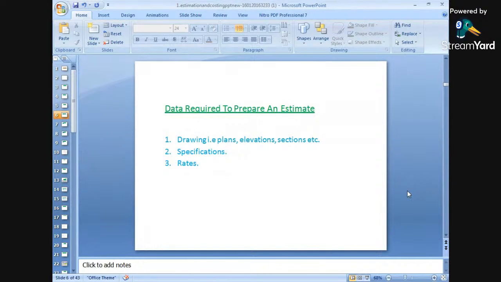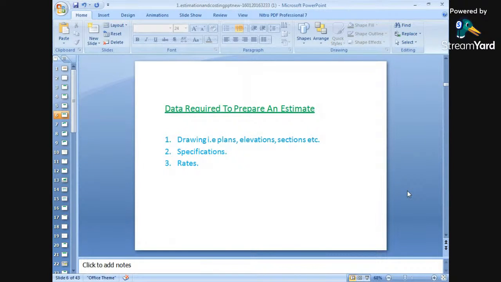Next, important is what are the different data required for estimations. What are the different things required for estimations. Okay. So, data required to prepare an estimate. On what basis will we calculate or find out the cost of any structure? Number one is on the basis of drawings, that means plan, elevation and sections. Number two, on the basis of specifications we can find out the cost of any structure. Number three, on the basis of rates we can find out the cost of any structure.